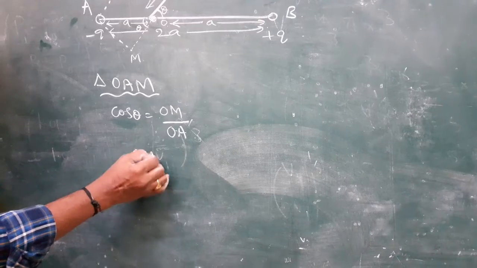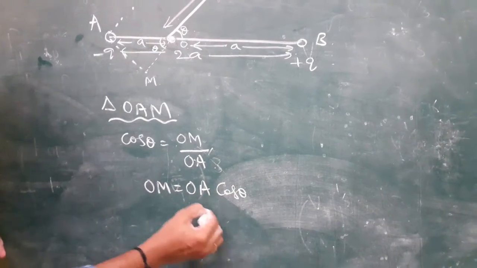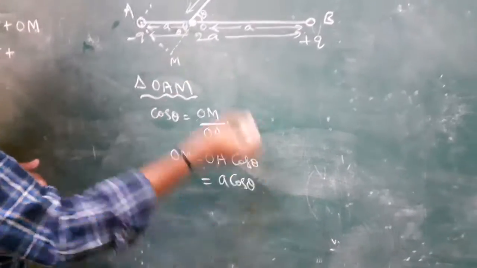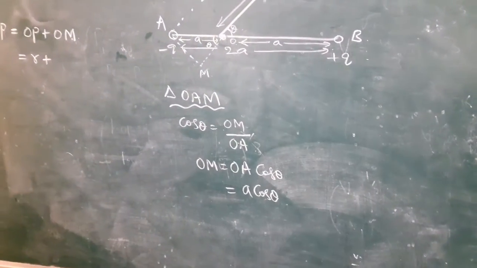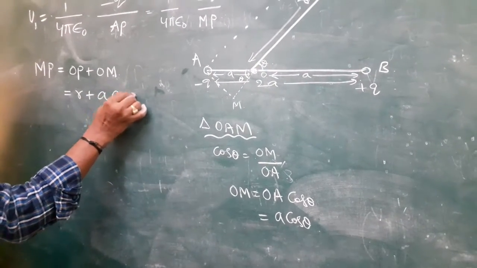So OM is equal to OA cos theta. OA is nothing but a, so OM is a cos theta.